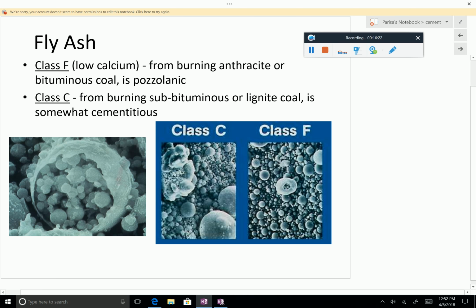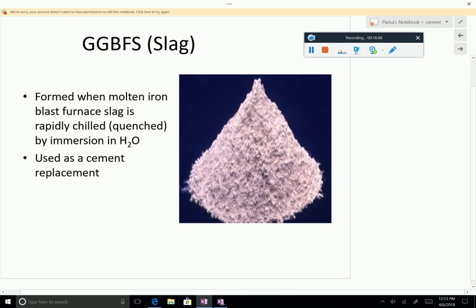So fly ash we talked about, we have two classes, and these are byproducts of burning coal. Class F is from burning bituminous coal, class C from sub-bituminous coal. So using it in concrete helps lower the adverse environmental impact.